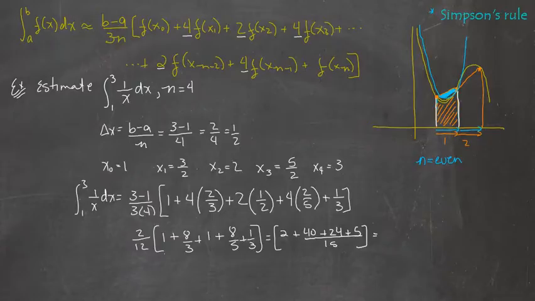So what is that? Whoops, I forgot to write the 1/6 here. So 1/6 times 2 plus 40, 64, 69. Well, I can at least do some reducing with 69 and 15 before I start combining.